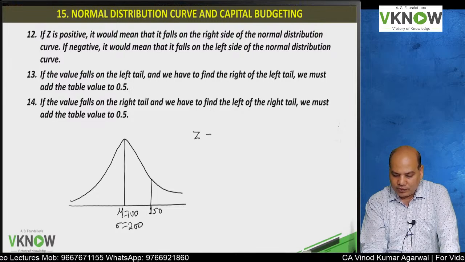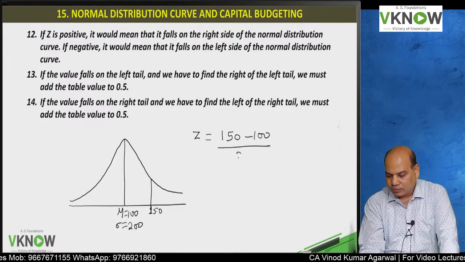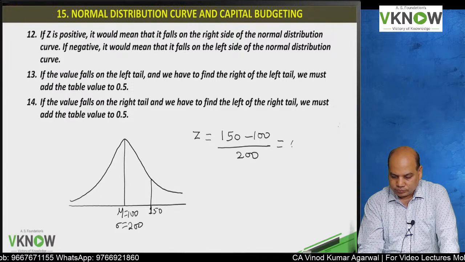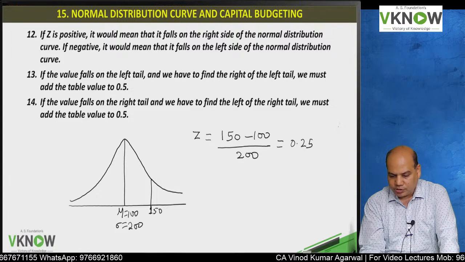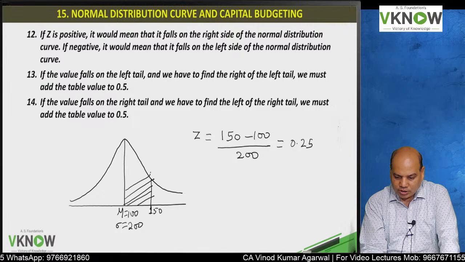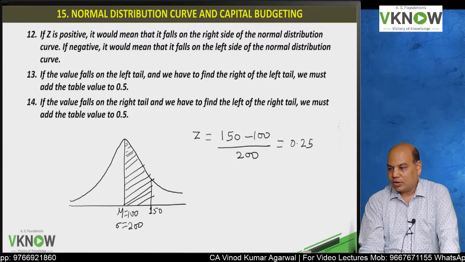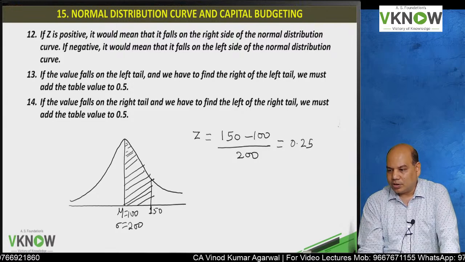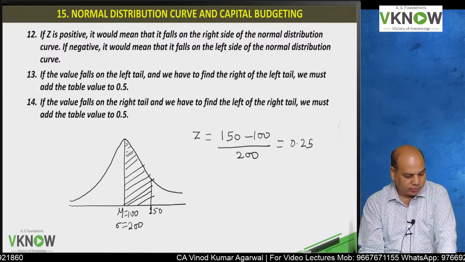If I want to find z, I will take 150 minus 100 divided by 200, say 0.25 positive. If z is positive, it means the number falls on the right side of the mean.